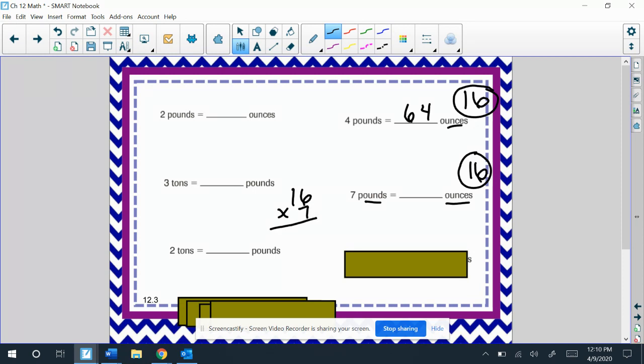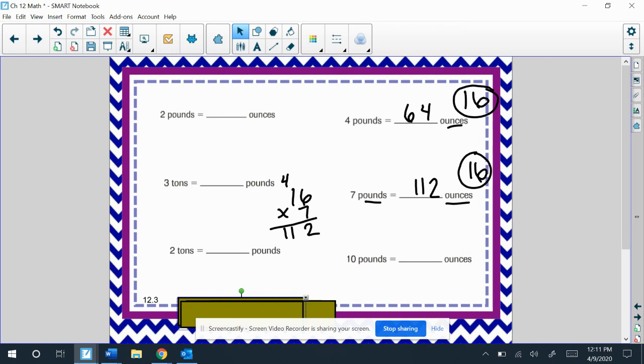Well, 6 times 7 is 42. 7 times 1 is 7, plus 4, 7, 8, 9, 10, 11. So I have 112 ounces. Try this next one. 10 pounds equals how many ounces? Here we go.